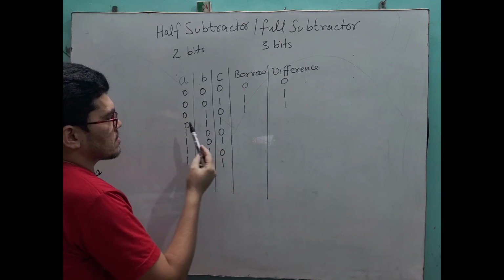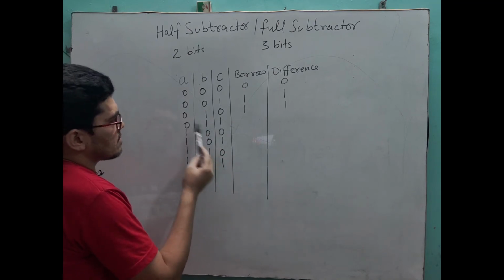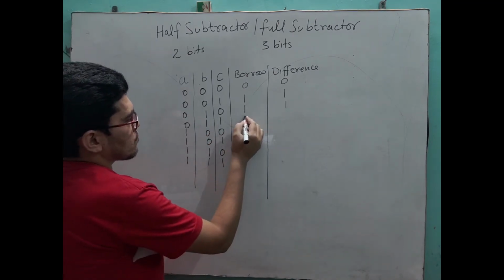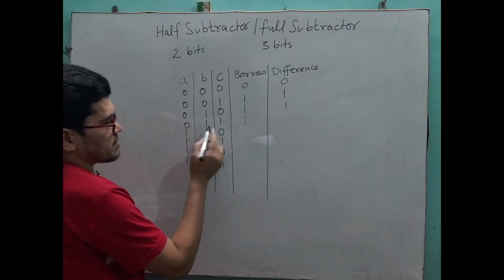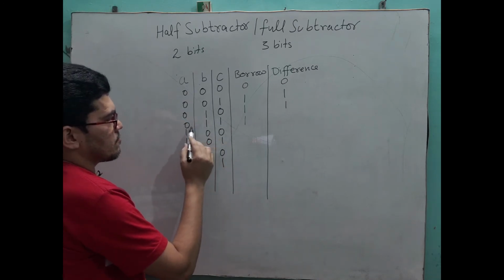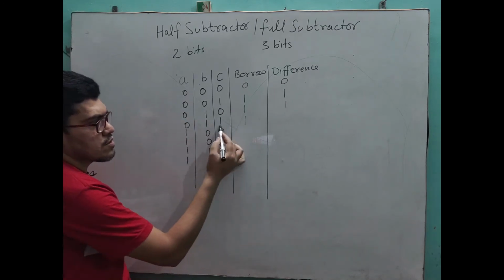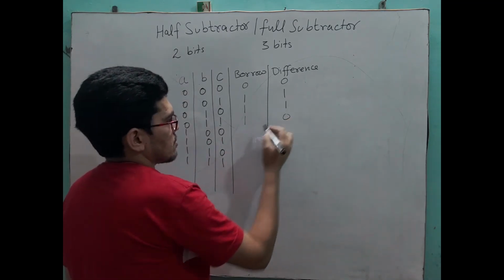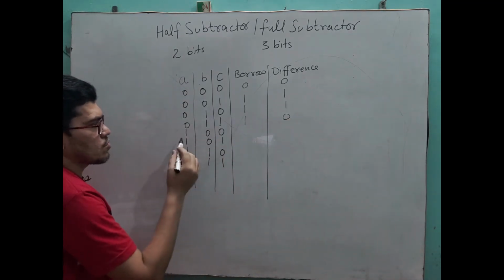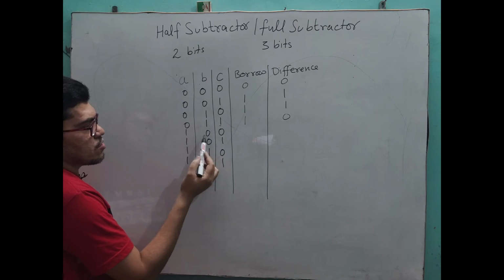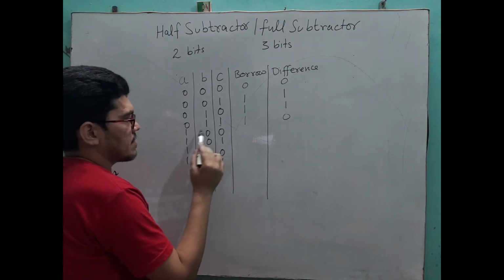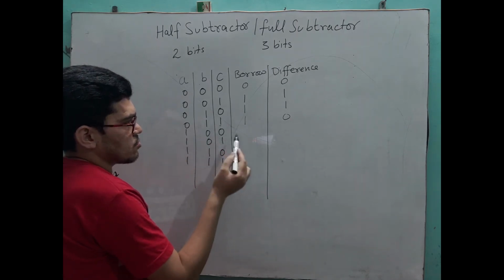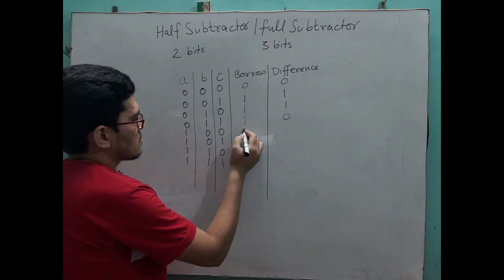Okay, let's move further. 0 minus 1, we have to take 1 borrow. So 10 minus 1 is 1, and 1 minus 1 is 0, this one. Okay, so difference is 0. 1 minus 0 is 1.